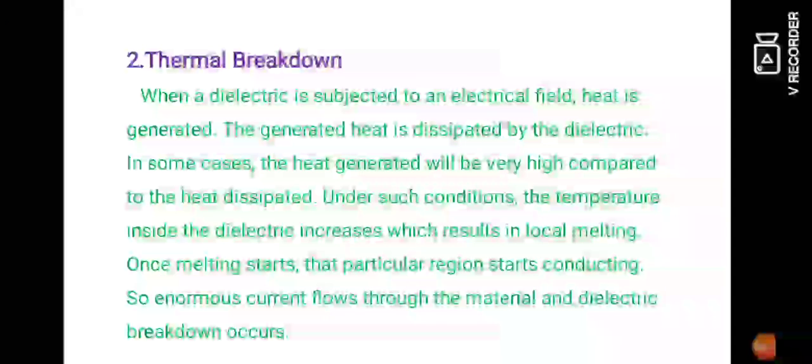That means the area which starts melting and conducting electricity or heat does so due to the heat developed inside the dielectric material. Therefore, this type of breakdown is called thermal breakdown.